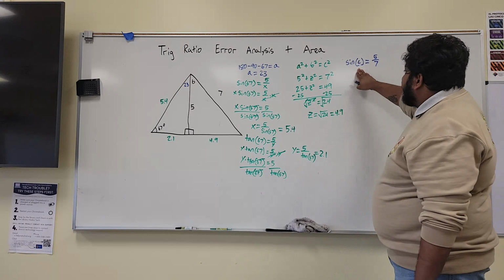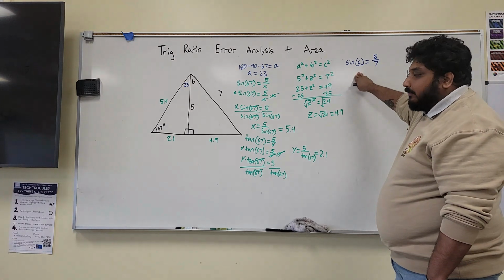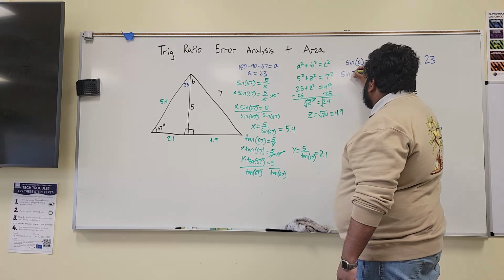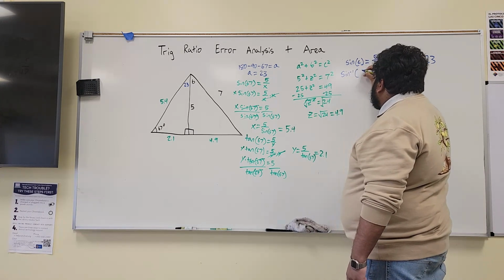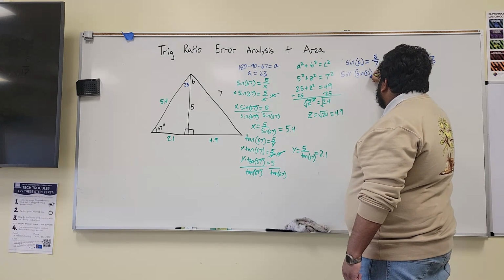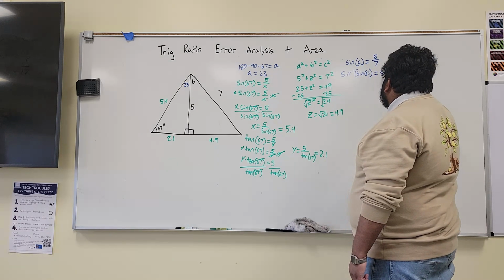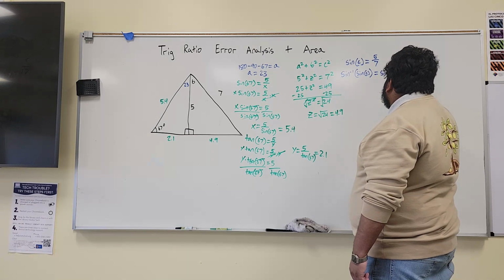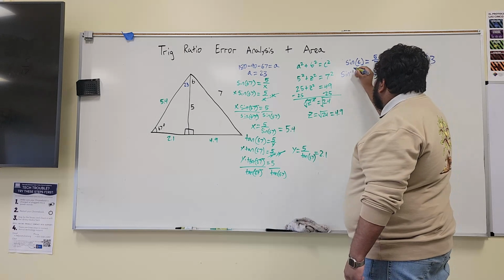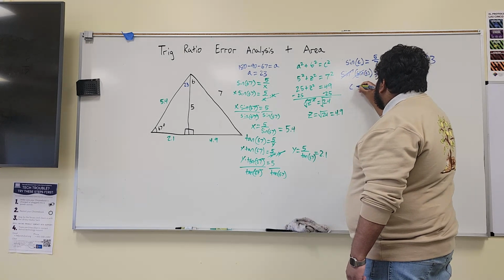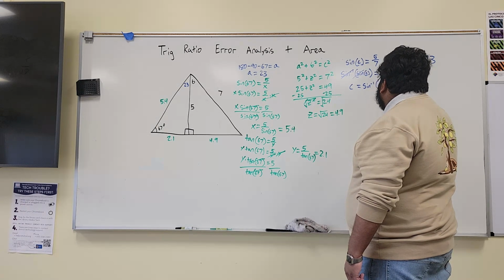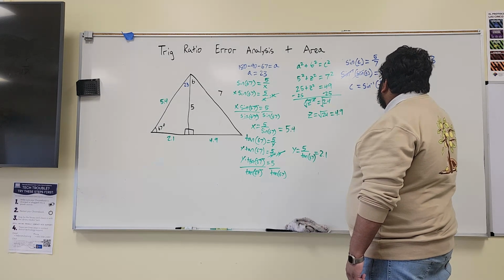Now we need to solve for C, which means we have to use some inverse trig. We're going to apply our inverse sine function to sine so that they cancel out. And if you do that on one side, you need to do that on the other side. Those cancel. We got C is now equal to inverse sine of 5 over 7.